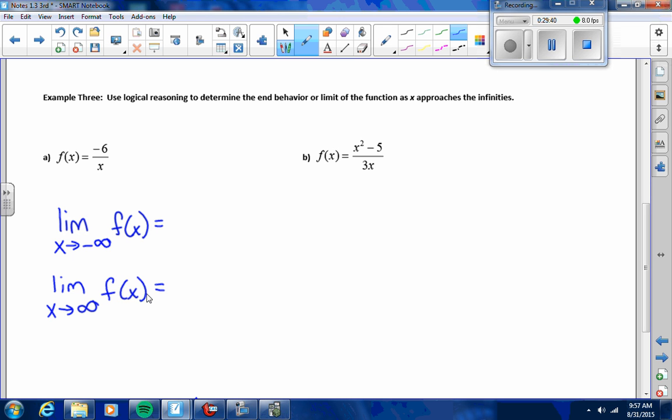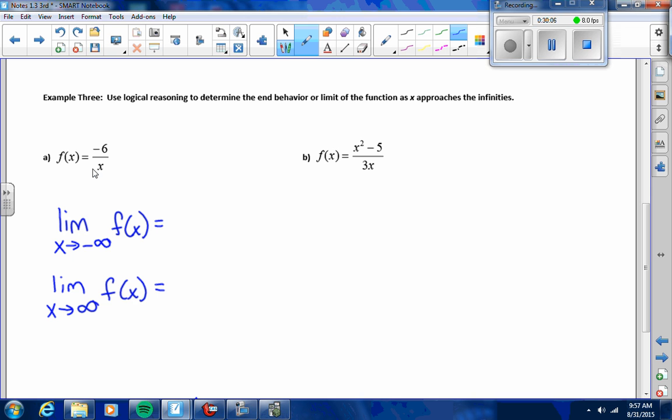Negative infinity. Let's think about some values for x. Let's say x is negative 1. If x is negative 1, what value do we have for y? Positive 6. So at negative 1, we're up at positive 6. Now let's make x get bigger, negative 10.